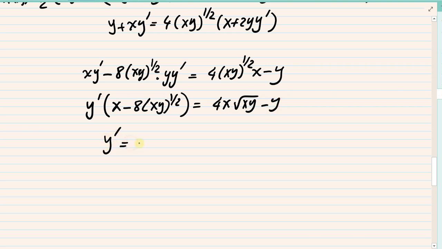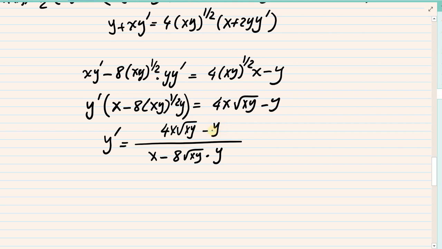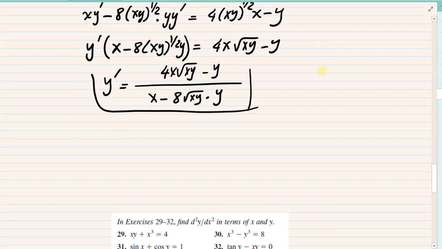So y prime is going to be x minus 8 root xy, and of course there's a y in there too. That's going to be times y. And in the numerator we have 4x root xy minus y. And again, notice how complicated these expressions are, because we cannot solve these explicitly.